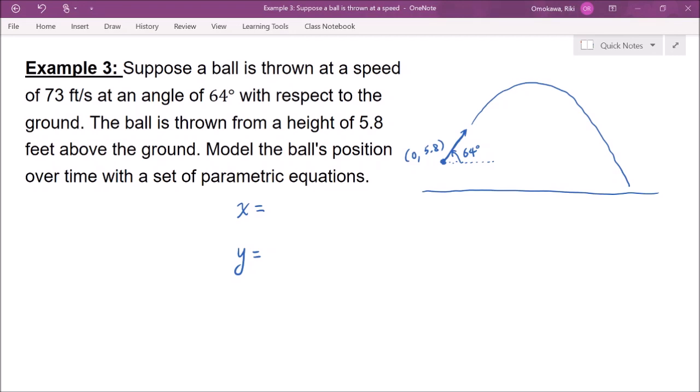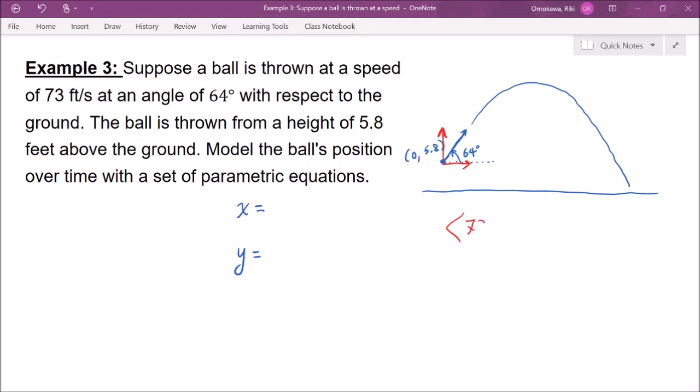And remember, we're given a velocity vector with a magnitude and a direction. To write these formulas, we're going to need to break down the vector into its horizontal and vertical components so that we can use those horizontal and vertical speeds in the formula. And remember, how we do that is with the component form formula for vectors.